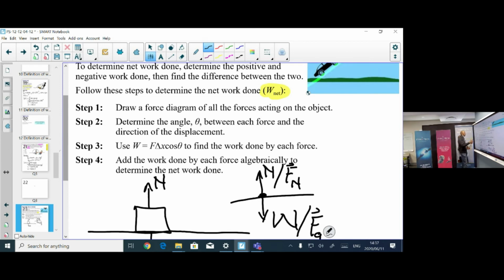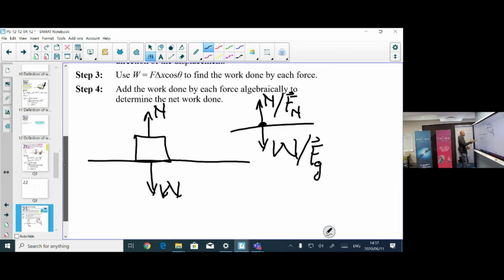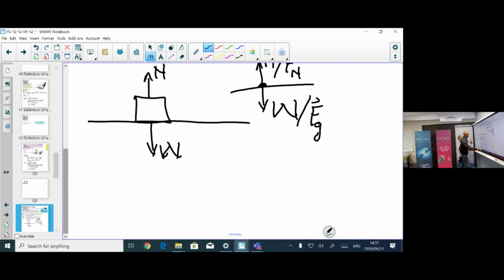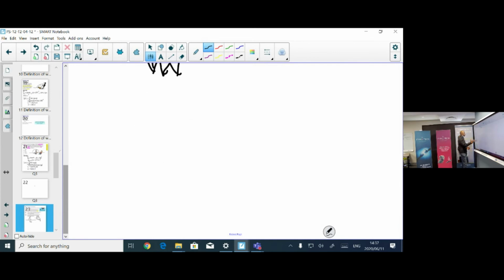What about the inclined? Let me extend the page. Under inclined, I can just say we have this inclined. This is a rough surface. If it's a rough surface, I have an angle here, which is 30 degrees.